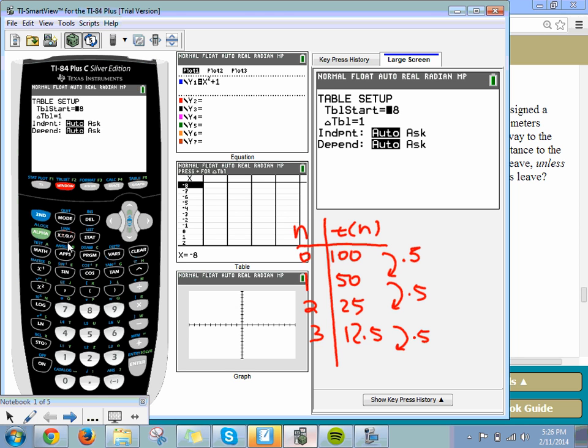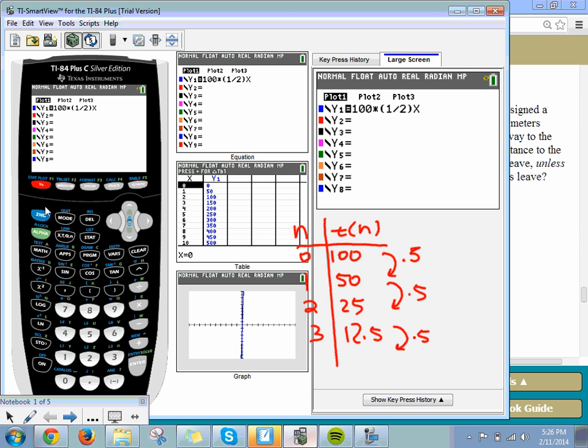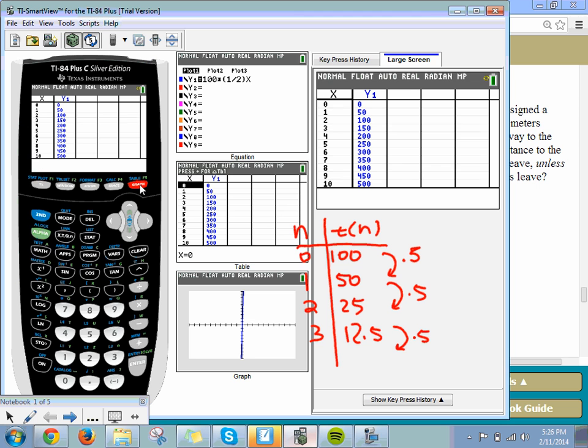I'm going to have my table start at 0, because it wouldn't make sense to start at anything negative. And, oops, I hit the graph. I meant to hit the table. You can see my little table in red. Oops, oh, goodness. There we go.